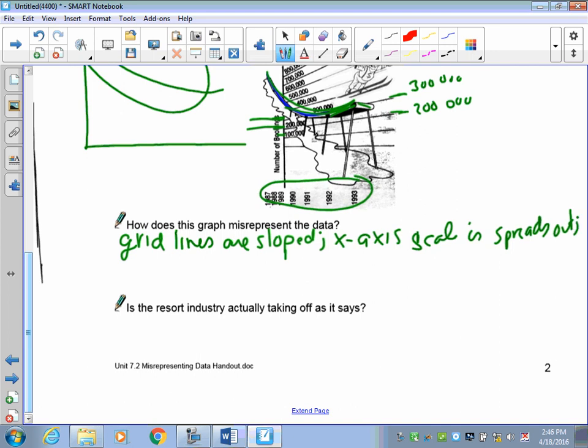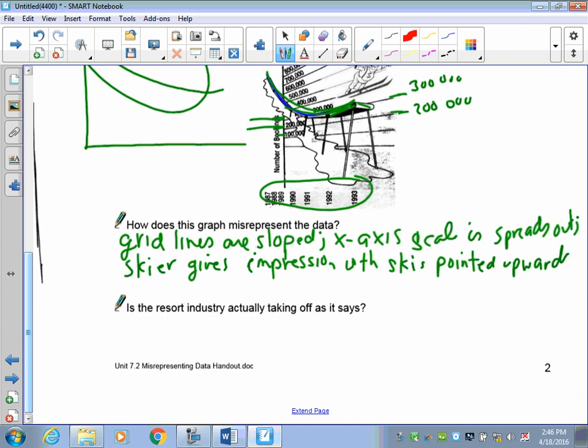Okay. What else I got? The skier himself gives the impression with his skis. If you notice, the skis are pointed much higher than the ramp is. Okay. What else? I guess that's a good thing to start with.